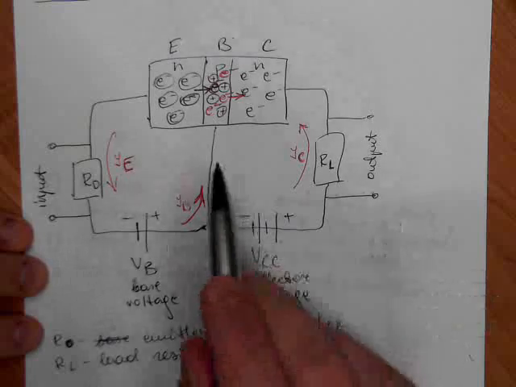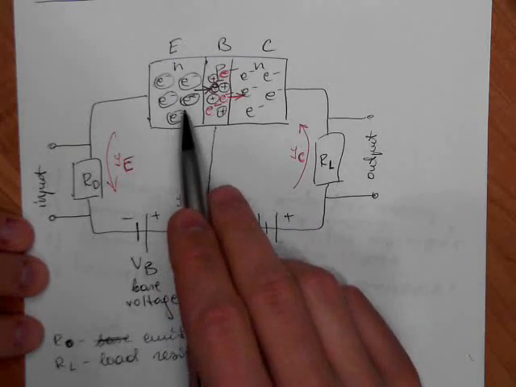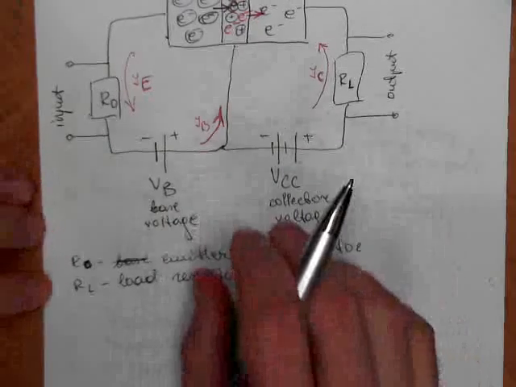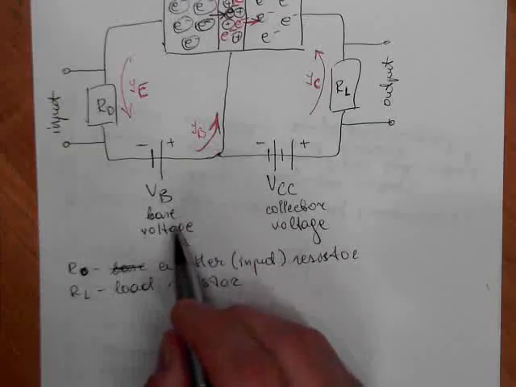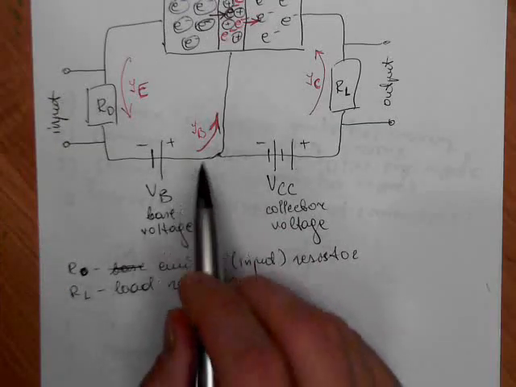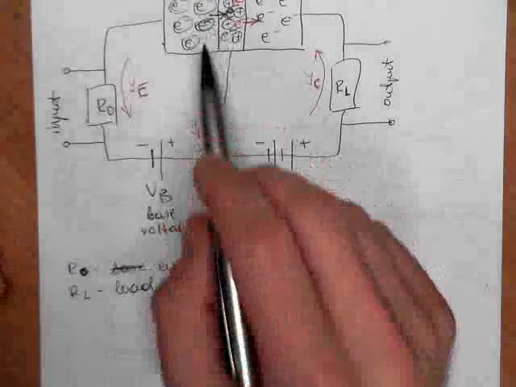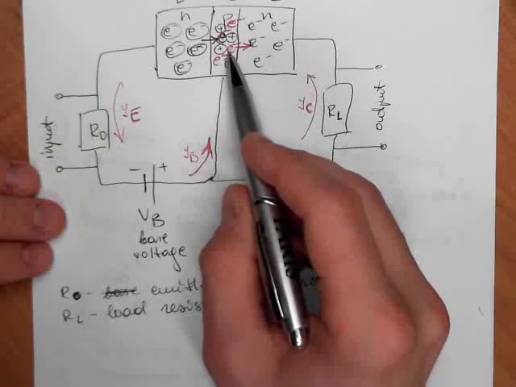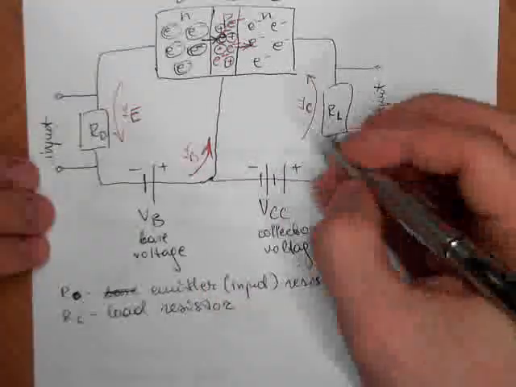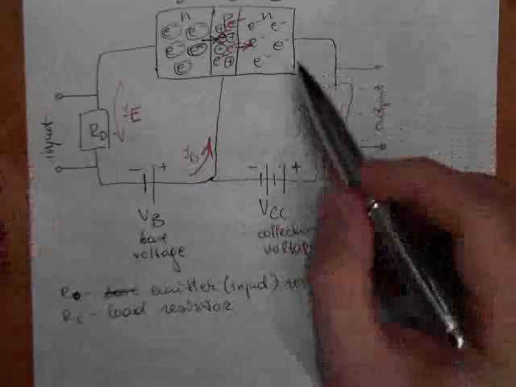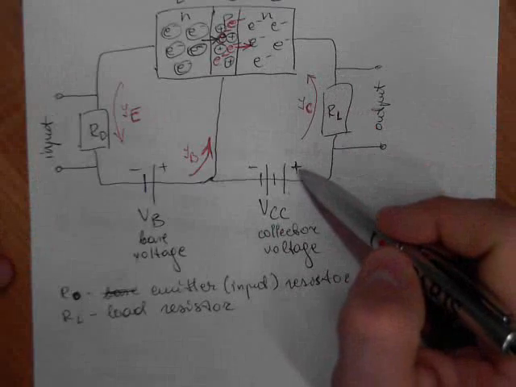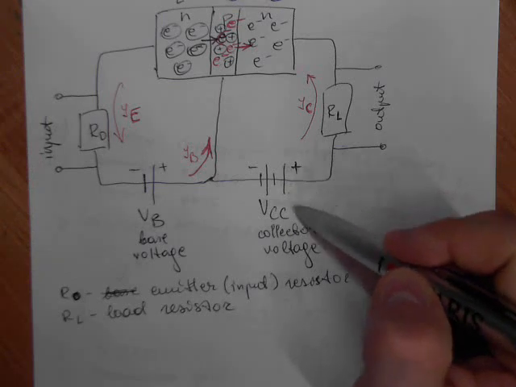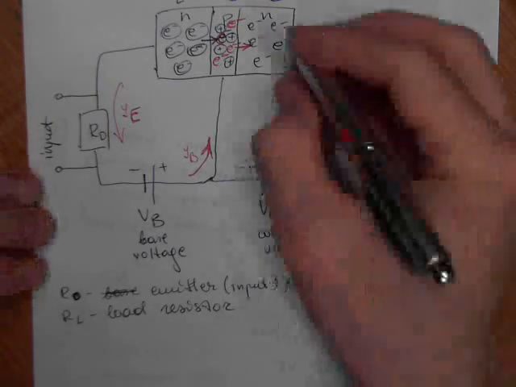So you know what happens now. The emitter has a lot of electrons because this is connected so that this PN junction is biased forward. Those electrons that are here go to the base, they enter the base, and then they are attracted by this positive terminal of the collector voltage supply, and then they make this collector current.